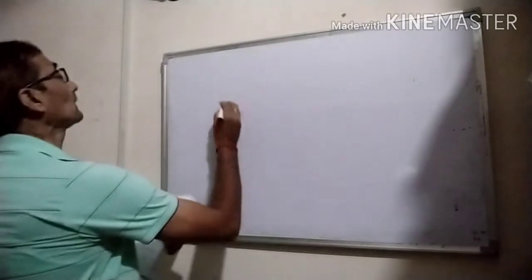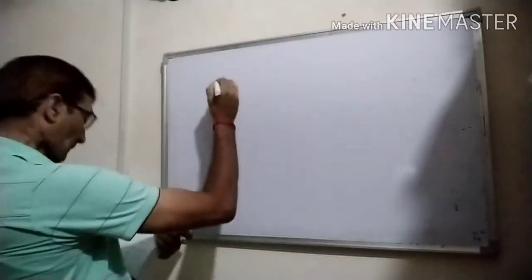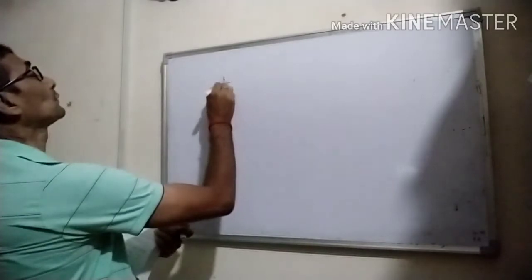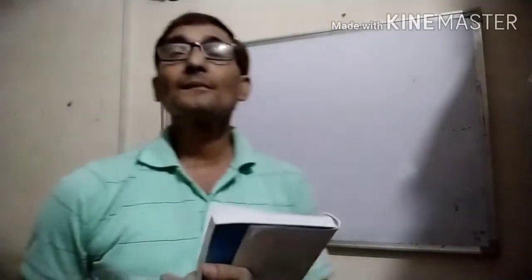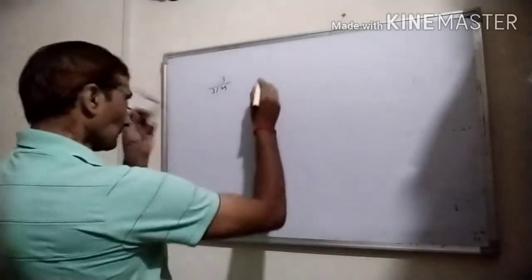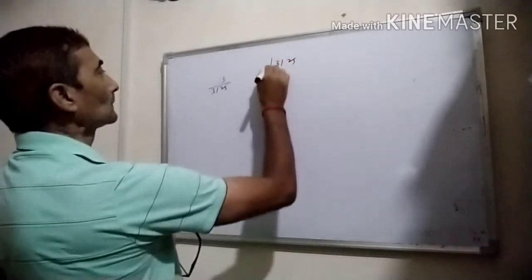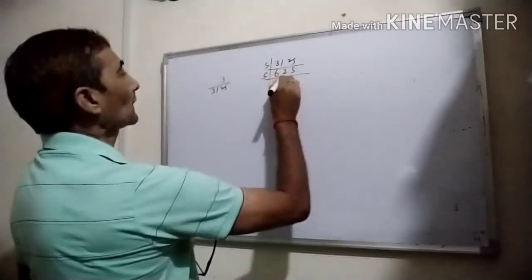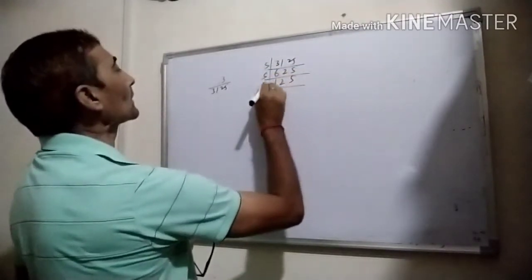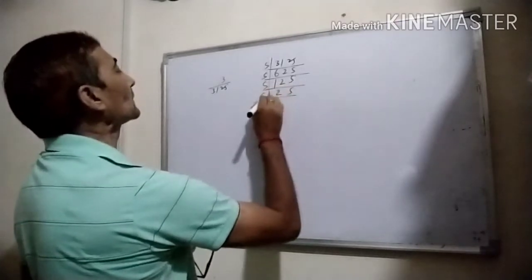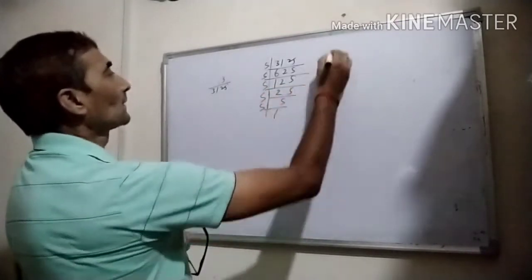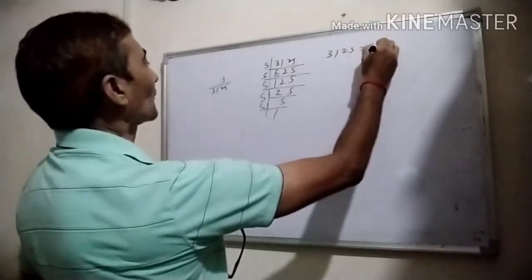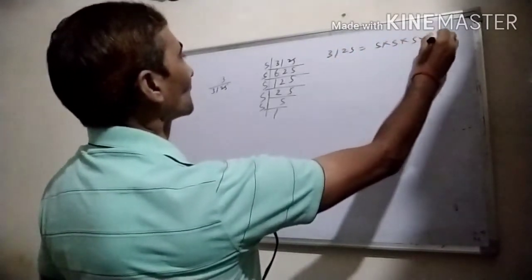So, first is 13 by 3125. Now I am going to factorize the denominator of this rational number. 3125 equals 5 times 5 times 5 times 5 times 5.